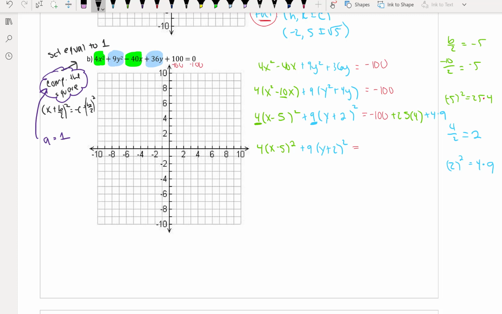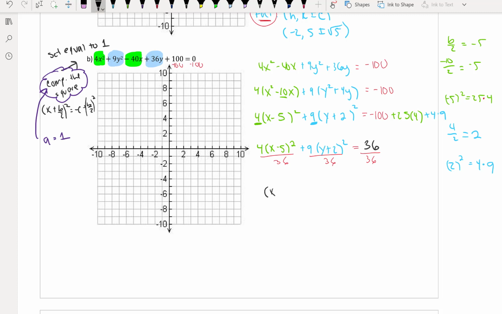So I'm going to have a negative 100 plus 25 times 4 plus my 4 times my 9, which is going to give me a positive 36. And remember, we always want to set it equal to 1. So since I want it equal to 1, I'm going to divide everything by 36. So that way I can get a 1 in there.